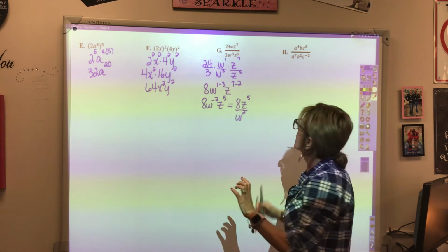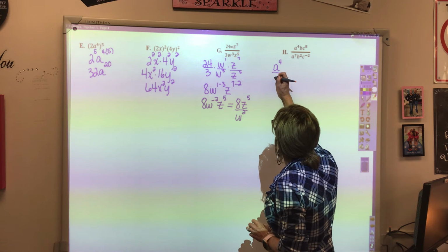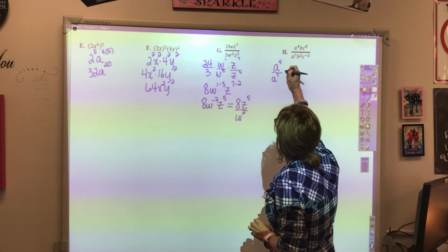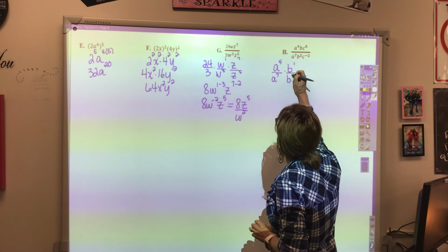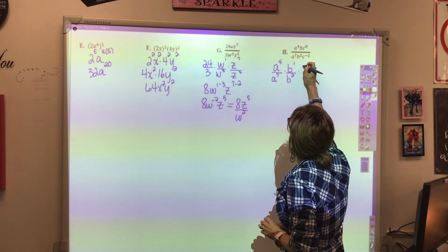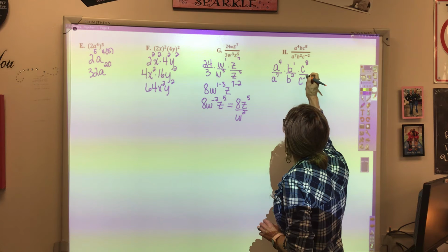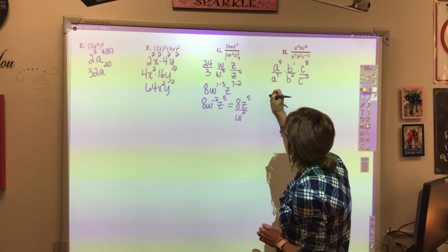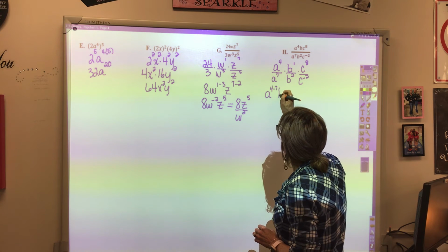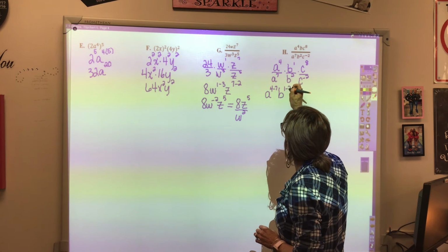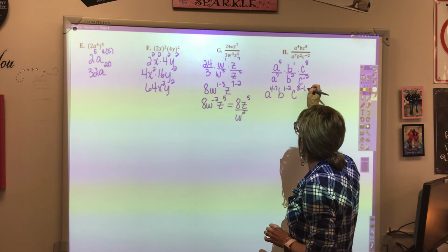So take and break into parts. A to the fourth over a to the seventh times b to the first over b squared times c to the eighth over c to the negative 2. So we would have a to the 4 minus 7, b to the 1 minus 2, c to the 8 minus negative 2.